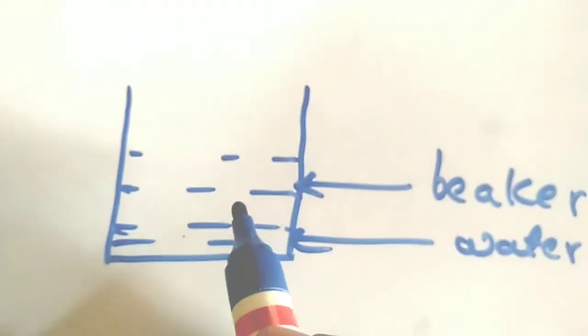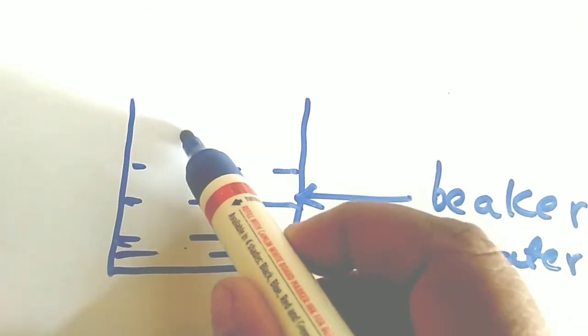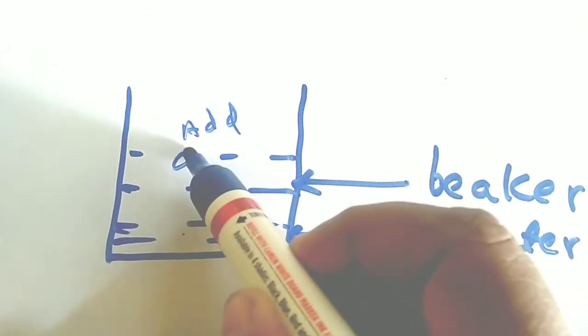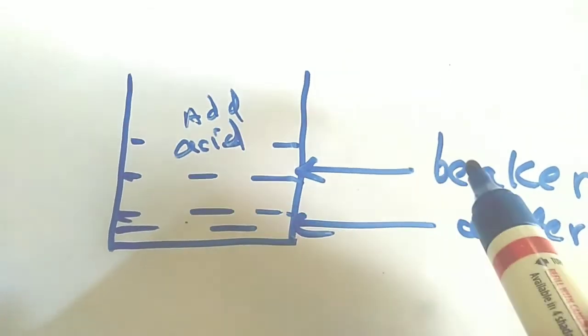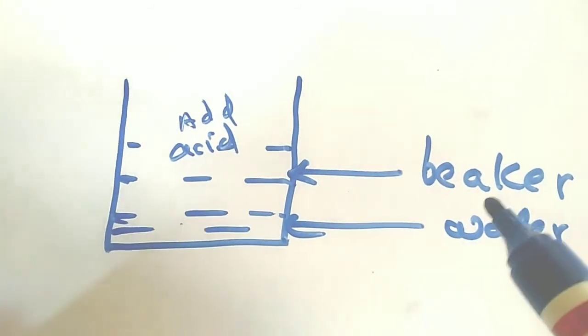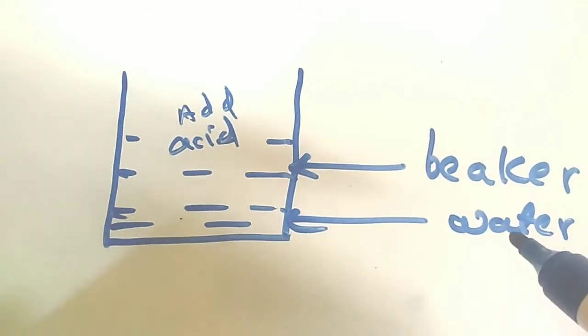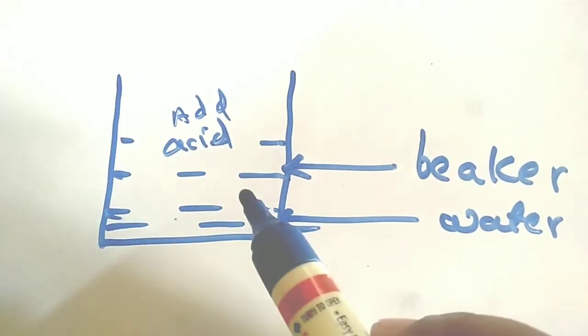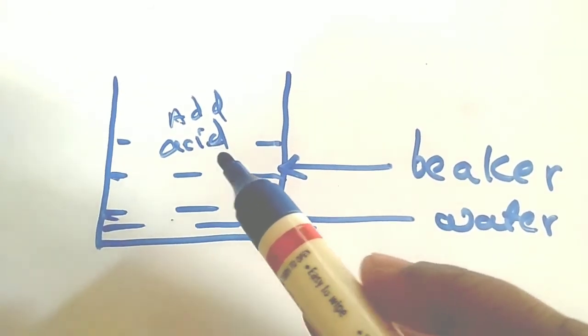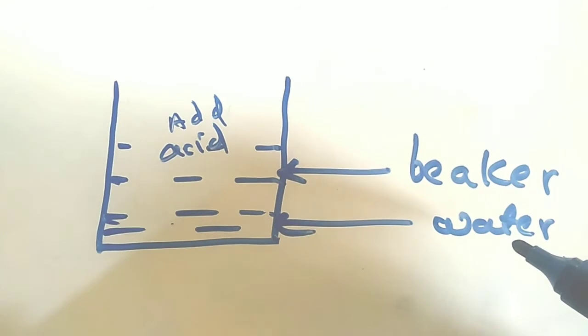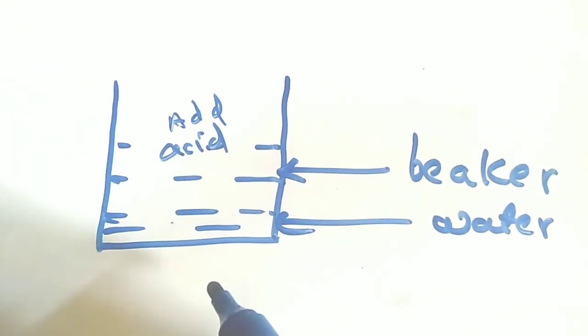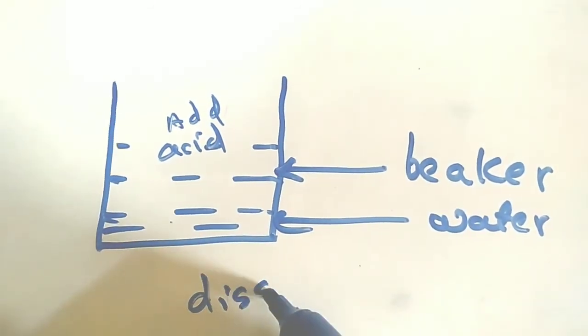So take a beaker with water and add acid in water. Again, one more time add acid in water. Understood? So when this acid is added to water, it dissociates.